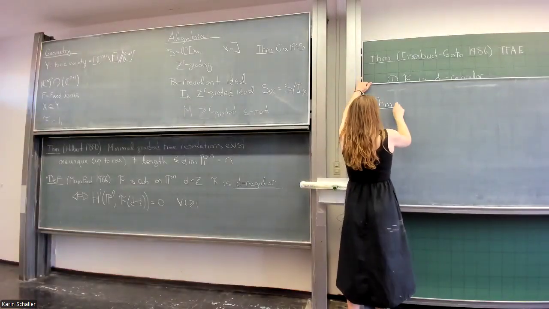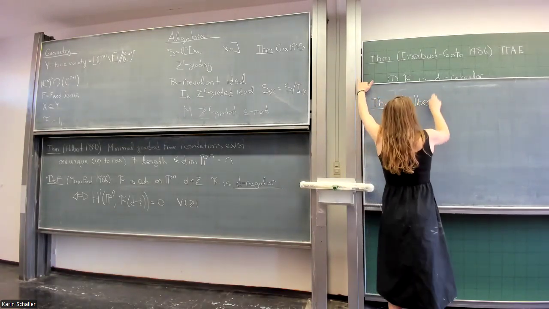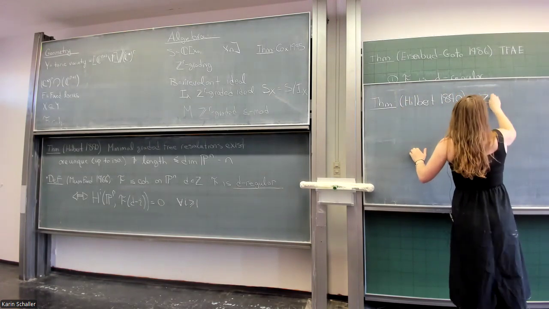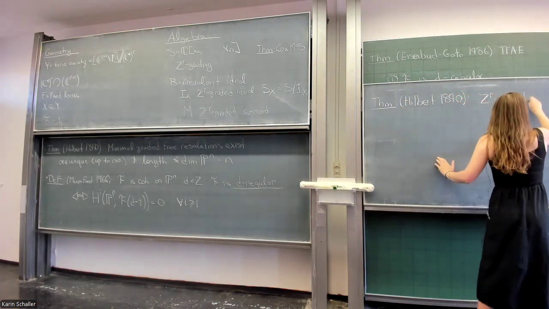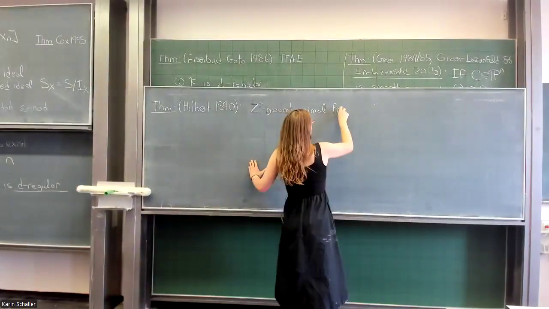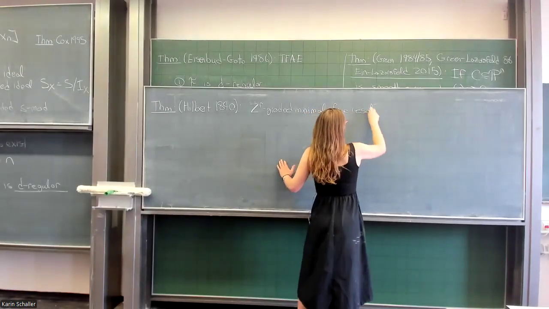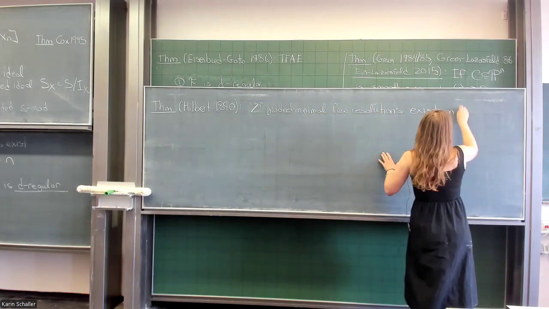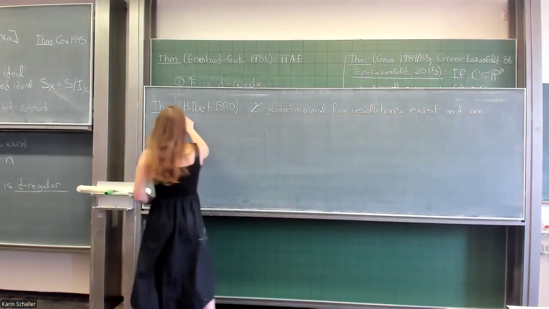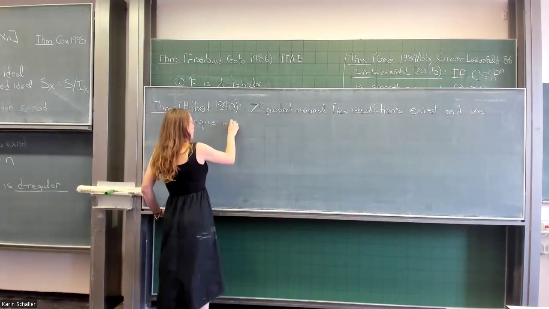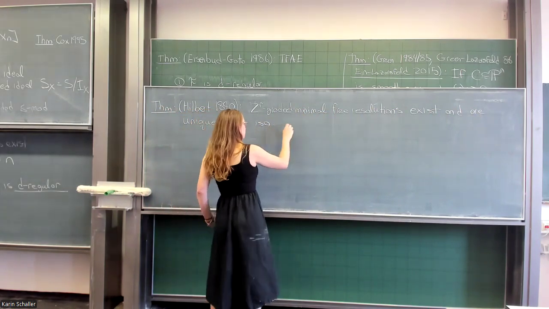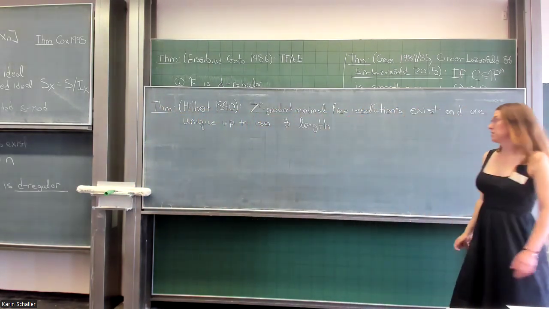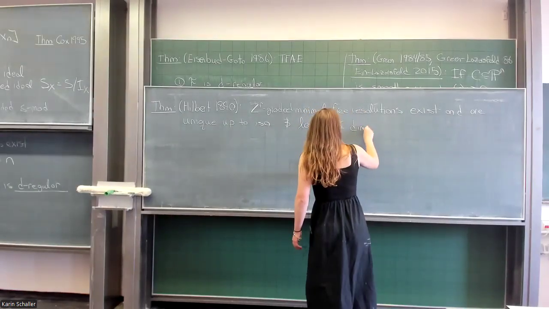Here, Hilbert in 1890, Z^r graded resolutions exist and are unique up to isomorphism, and the length of my free resolutions here is going to be bounded above by the dimension of Y.